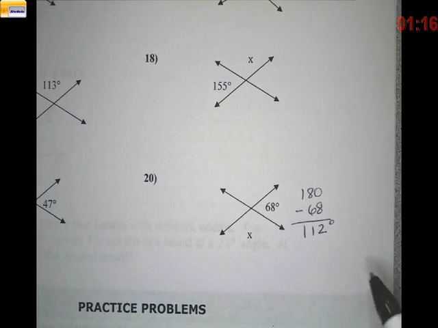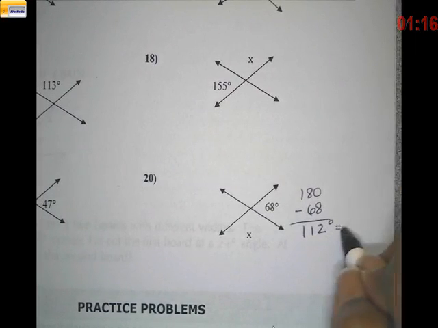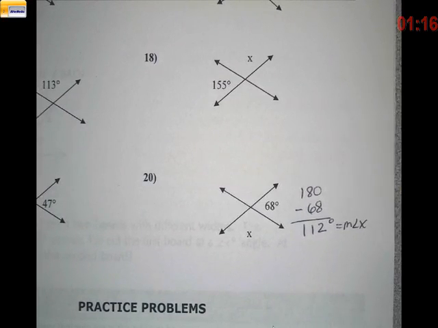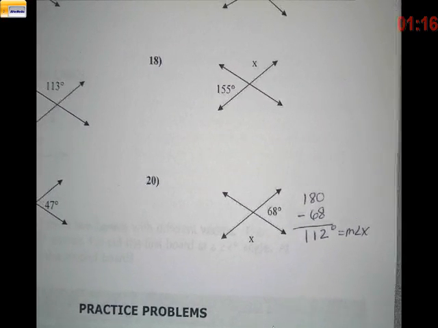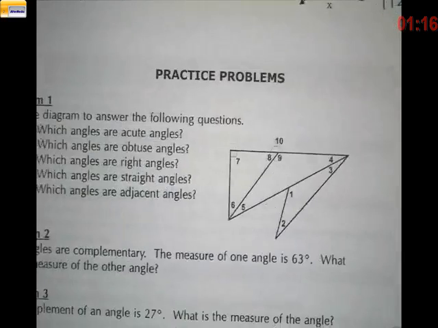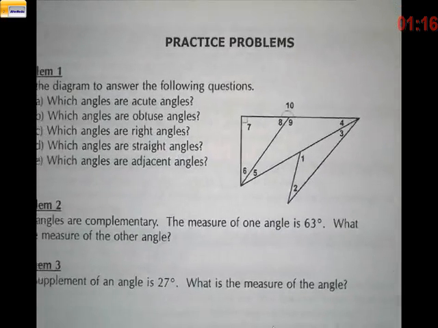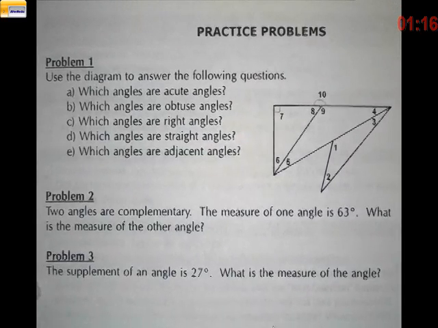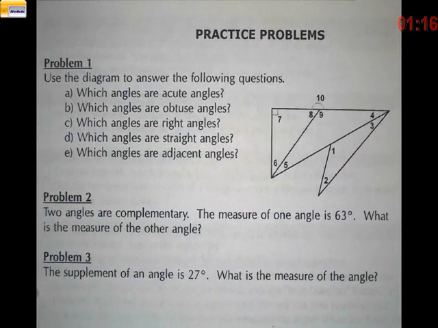Measure of angle X is 112. Okay, and then at the bottom of page 12 are a few yum-yums. And you guys should be able to do those yum-yums. Go ahead and work those out with your table mates after we take a break.